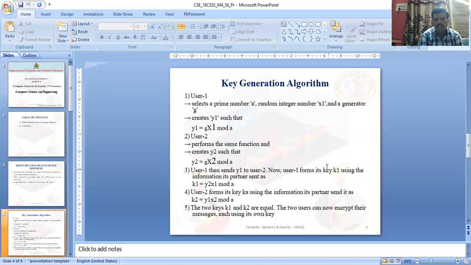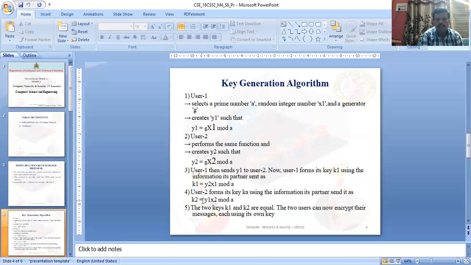Likewise, user two forms its key, k2, using the information received from user one: y1 to the power of x2 mod a.